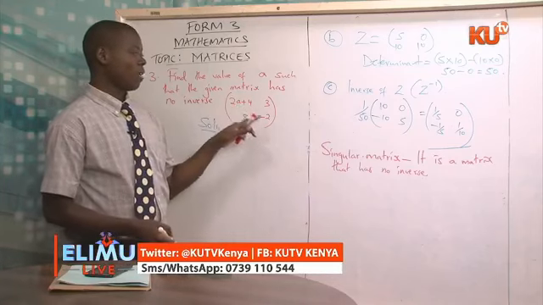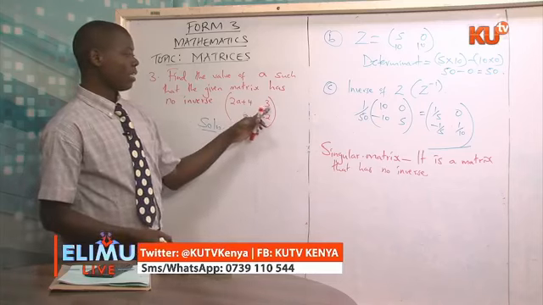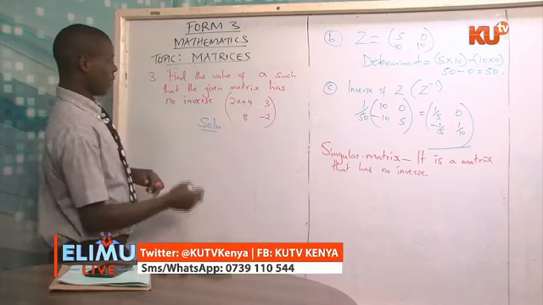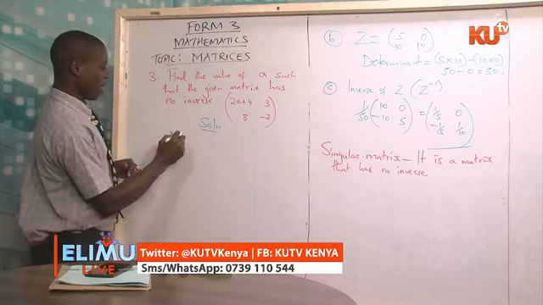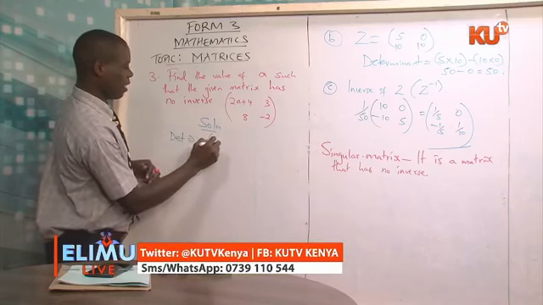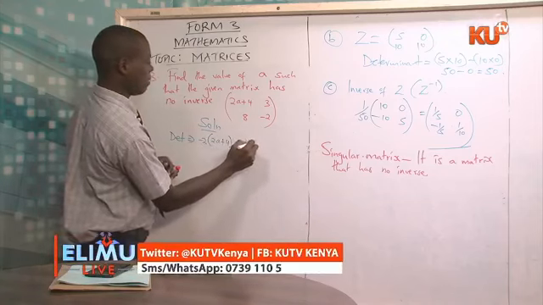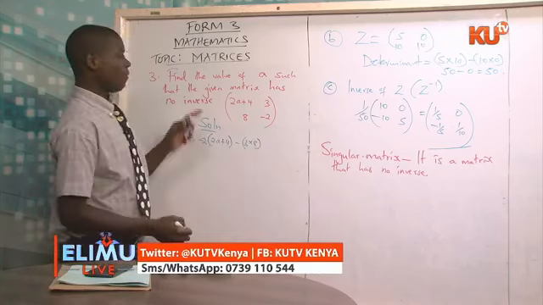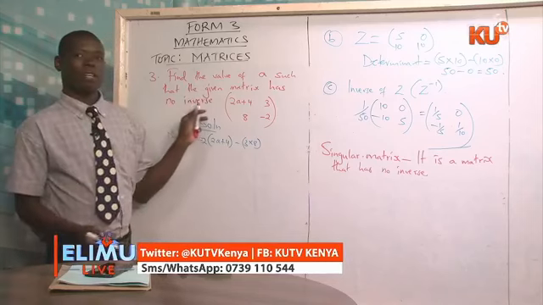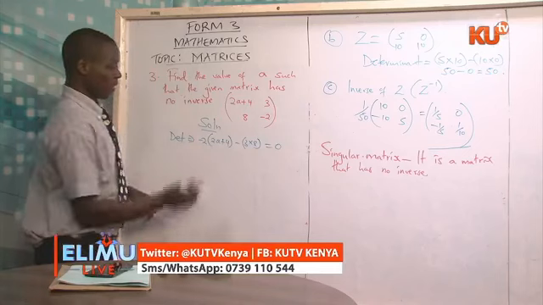We have 2A plus 4 and negative 2. The elements in the other diagonal are 3 and 8. Therefore, our determinant, as explained before, will be negative 2 into 2A plus 4 minus 3 times 8. And because this matrix has no inverse, this determinant will be equal to 0.